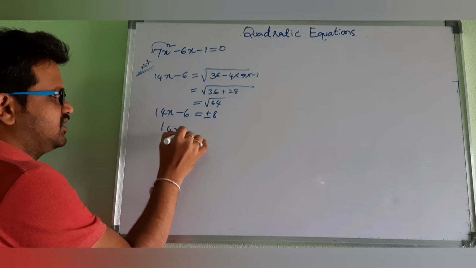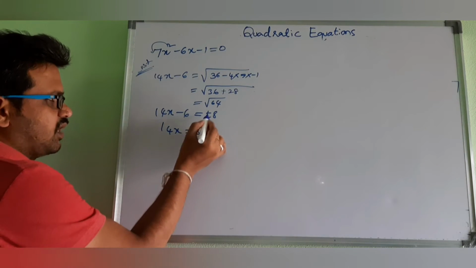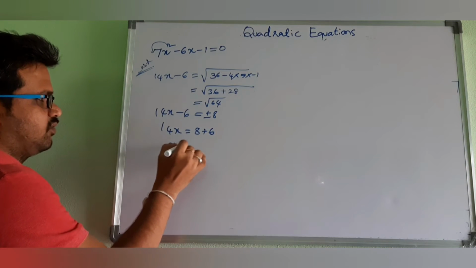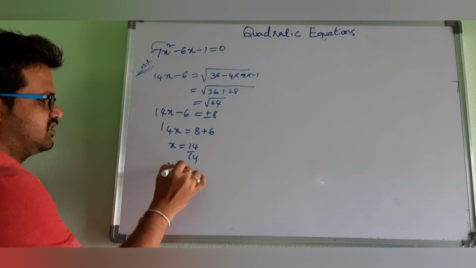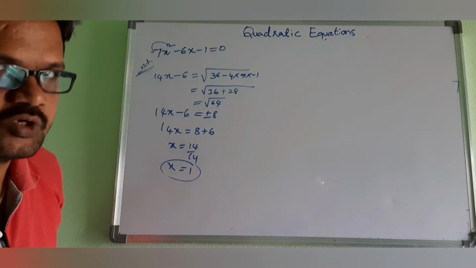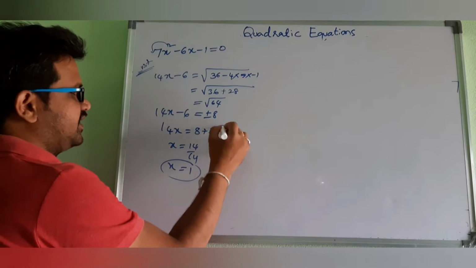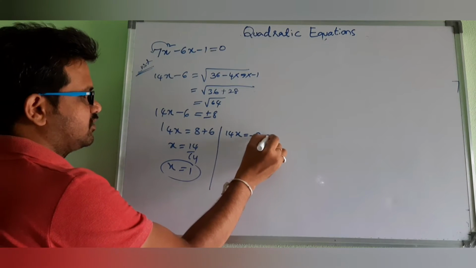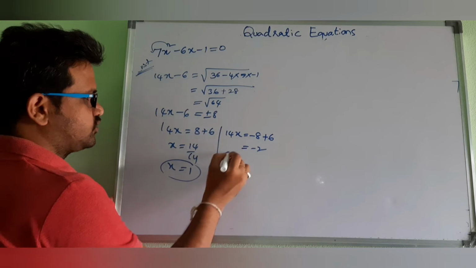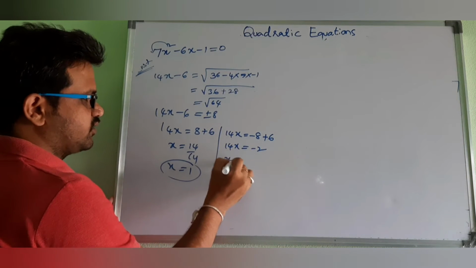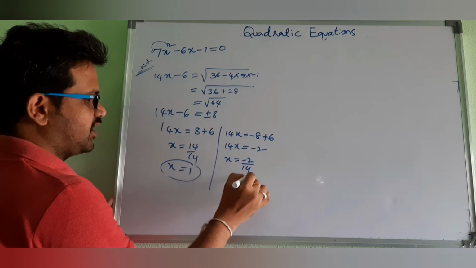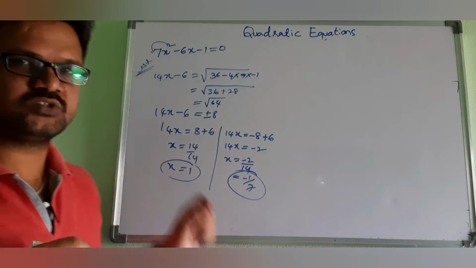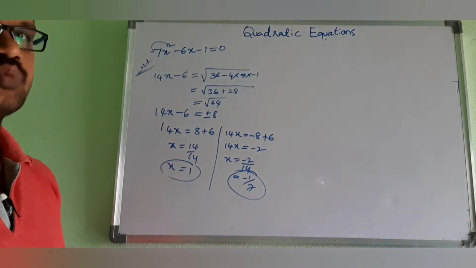Taking plus 8 and transposing minus 6, 14x is equal to 14, so x is equal to 1. Taking minus 8, 14x is equal to minus 8 plus 6, so minus 2, and x is equal to minus 2 by 14, that is minus 1 by 7. So in the first method we got x equal to 1 and minus 1 by 7.